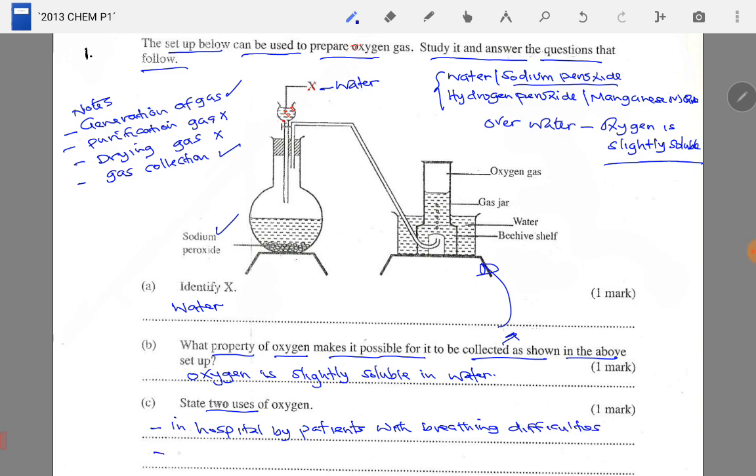When you mix this with acetylene, it can be used in welding.